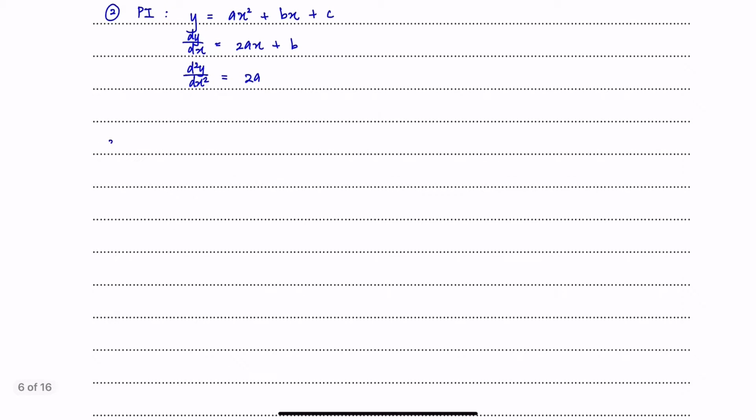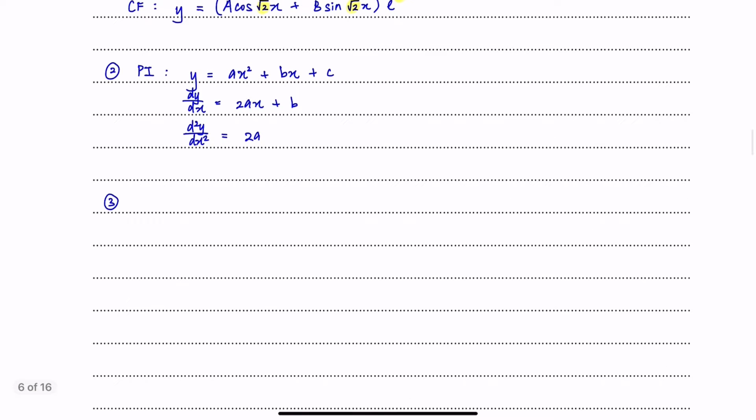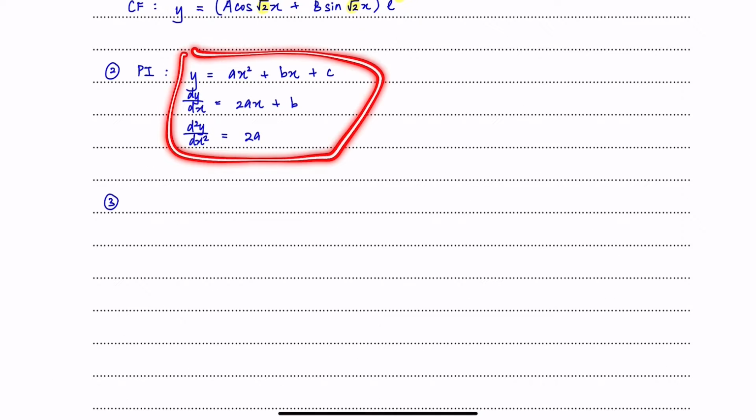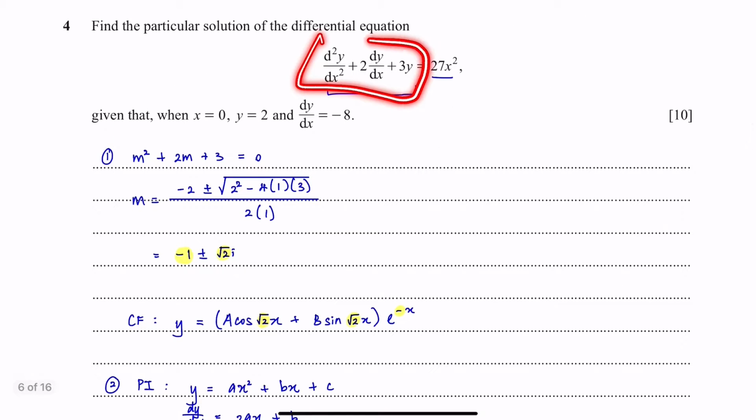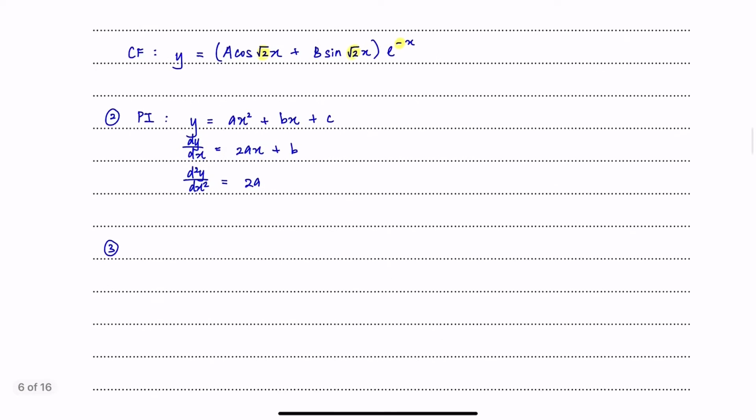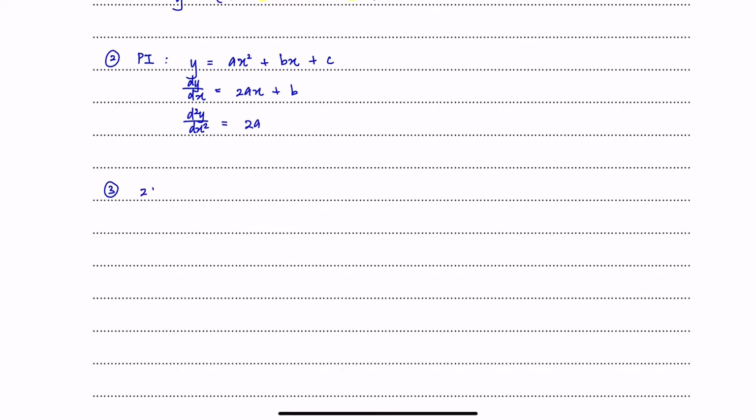Now we go to the third step, which is basically we substitute all of this into this part. So we get 2a plus 2 times 2ax plus b plus 3 times ax squared plus bx plus c. So this whole thing is d2y over dx squared.